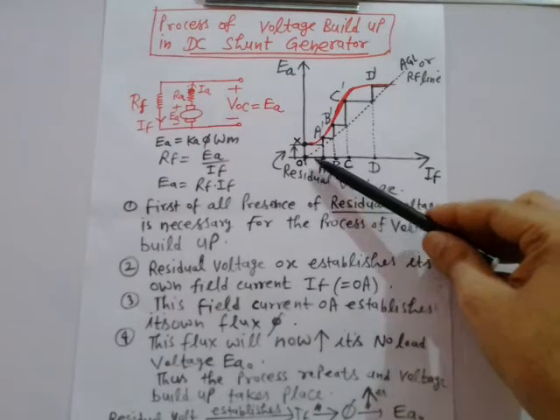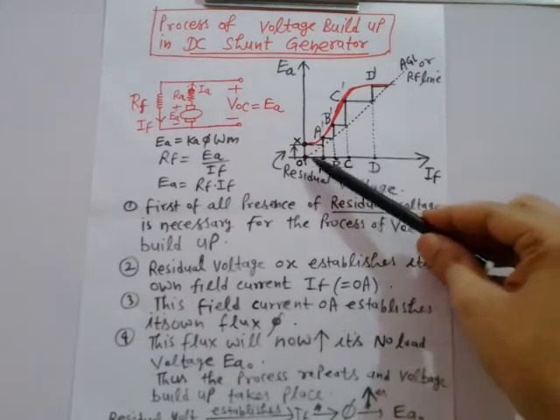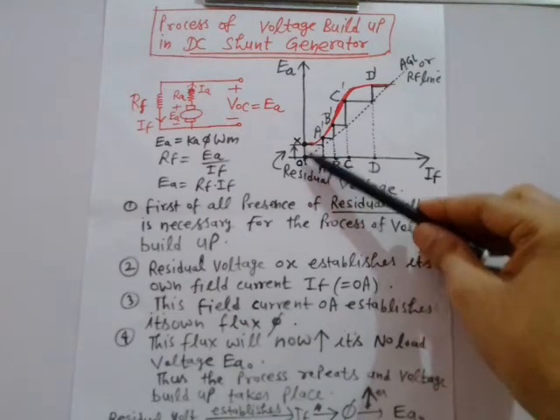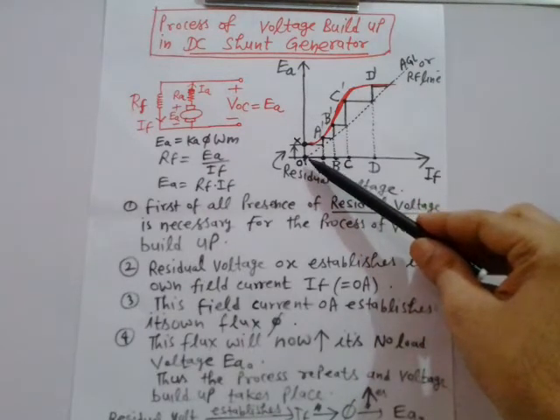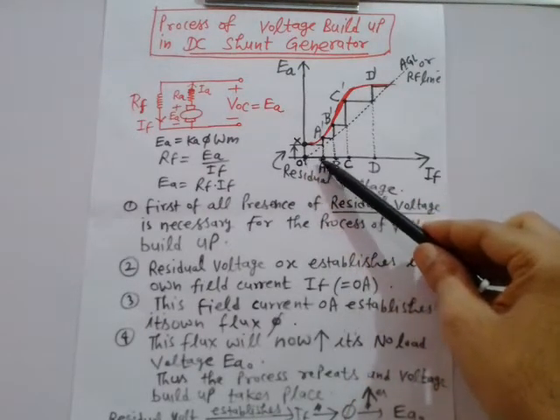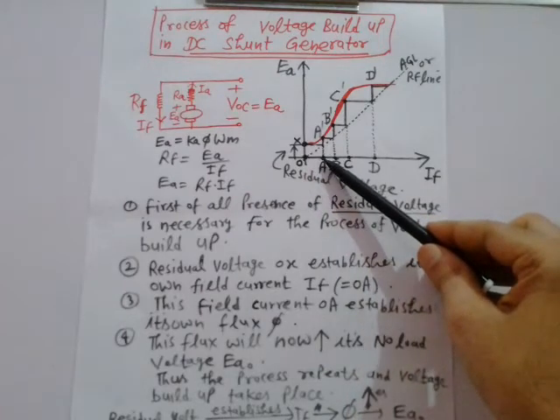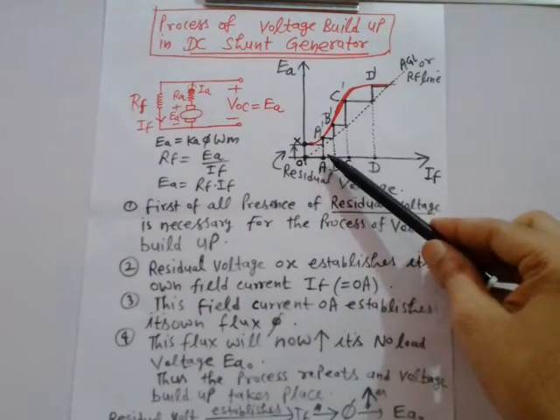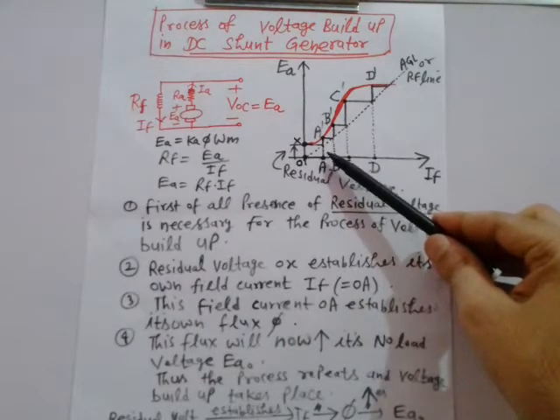Again, let me recap. So this OX is the initial residual voltage which must be present, and due to this a field current OA starts flowing. Now this field current will establish its own flux, and this flux will now produce its own voltage.